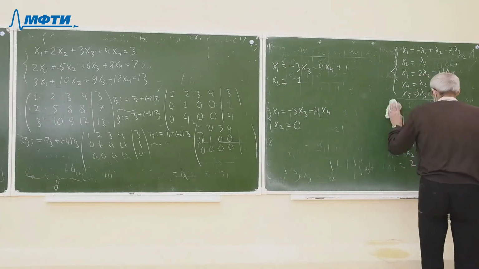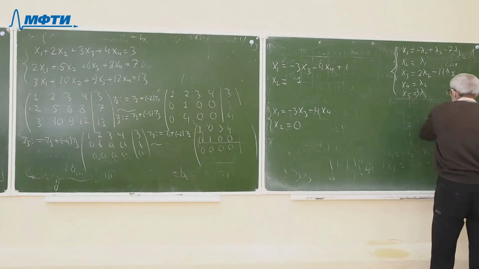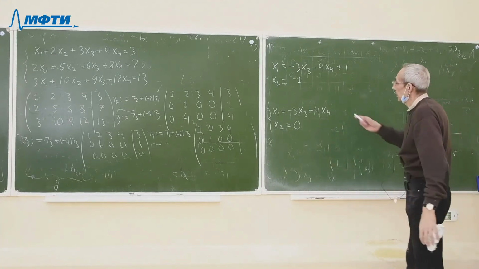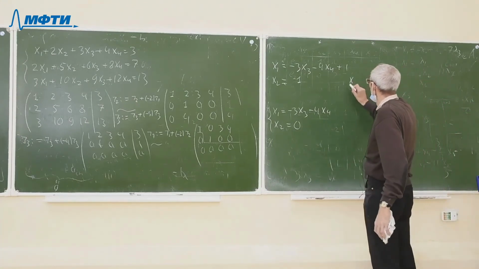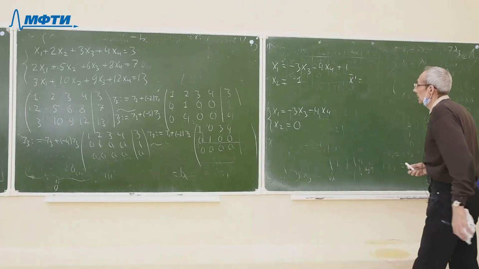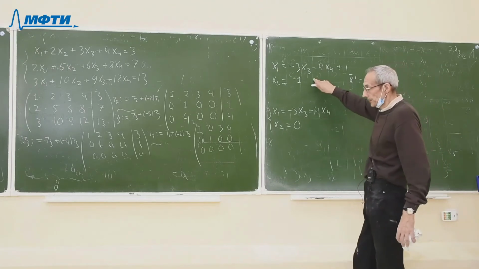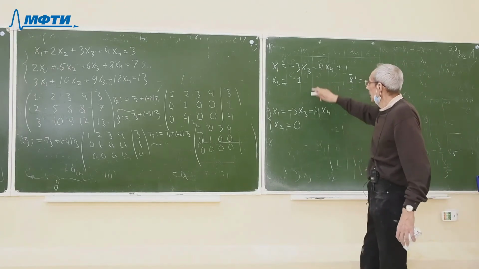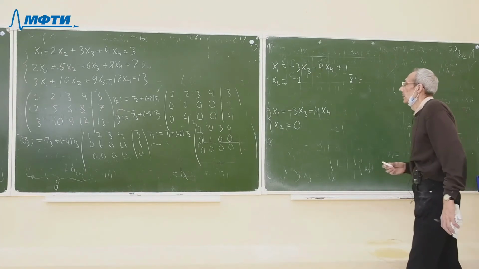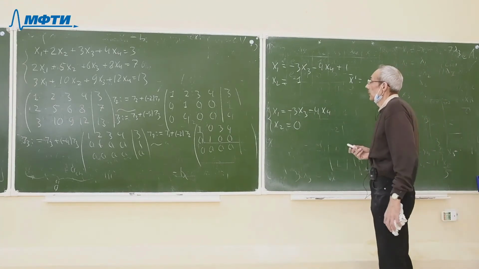For the partial solution, we must fix the independent variables.